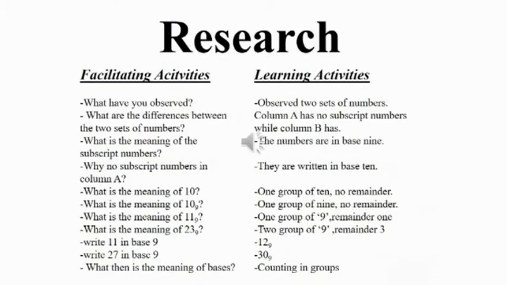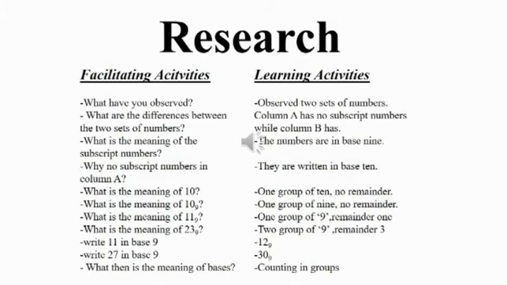The next stage to the discovery is the research. At research, the teacher can ask the following questions. What have you observed? And of course, the pupils will say they have observed two sets of numbers. What are the differences between the two sets of numbers? The teacher may ask. And the pupil's response may be, column A has no subscript numbers, while column B has.